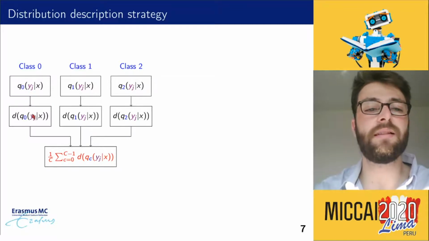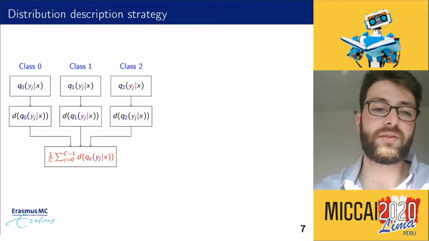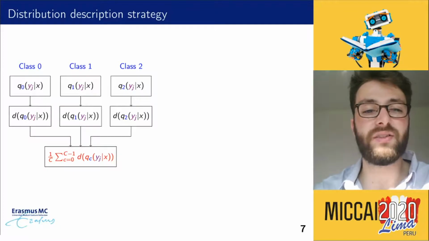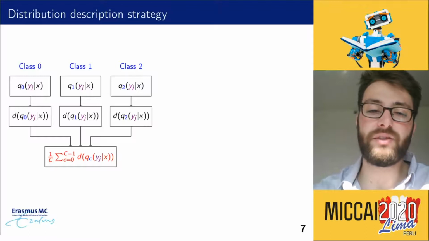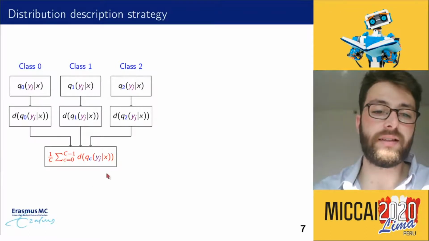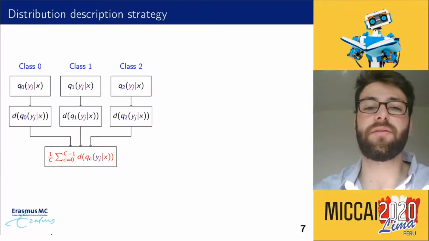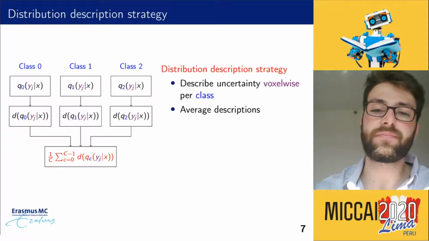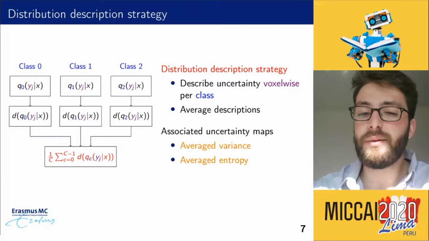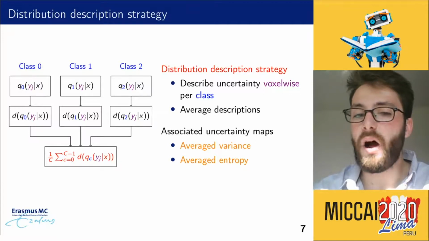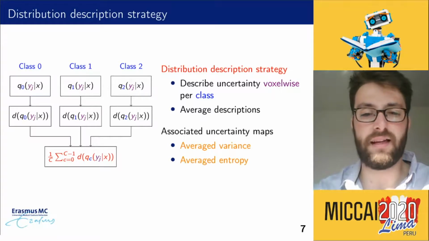Once we computed this description of uncertainty per distribution, we can average those descriptions, resulting in an averaging strategy. The associated uncertainty maps in the paper are the averaged variance and the averaged entropy.